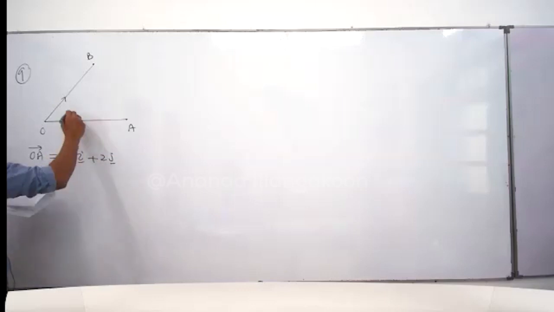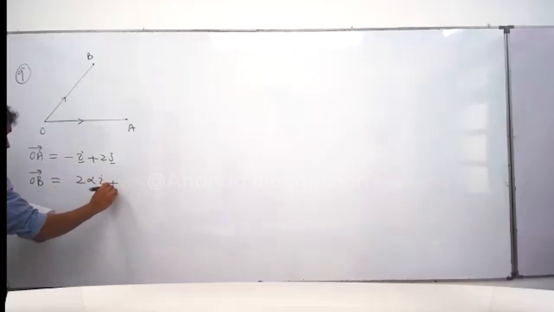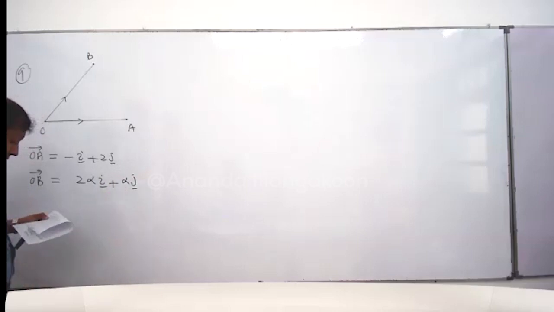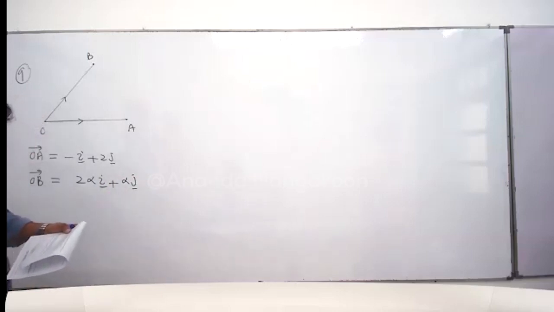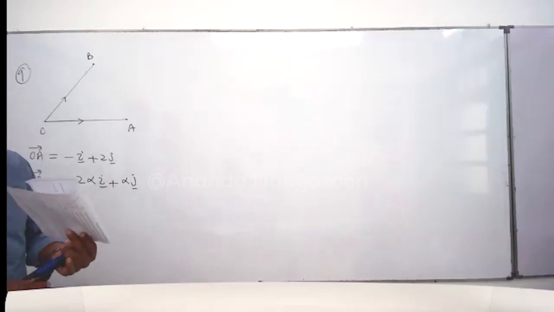OB vector is given as 2 alpha i plus alpha j. Alpha positive. Using a scalar product, show that angle AOB is pi by 2.